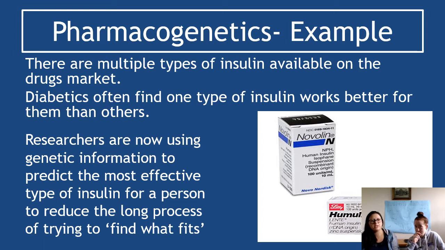We've already covered the insulin thing, but the idea is diabetics often find that one brand of insulin will work better than another. So you can see on these images, there are 2 different brands of insulin that are available. And they do have slightly different characteristics. I know when you did National 5 and you looked at genetic engineering, the idea is that insulin is produced via genetic engineering, both of them: you take your human insulin gene from a human cell, and you produce the insulin.